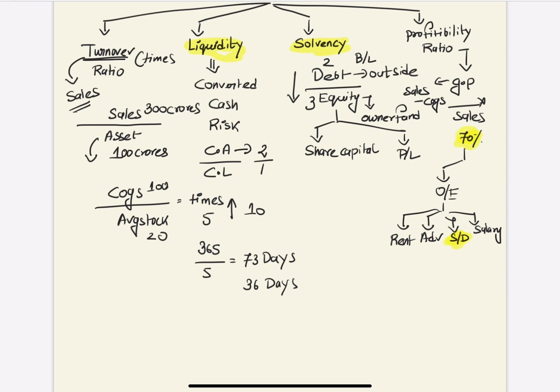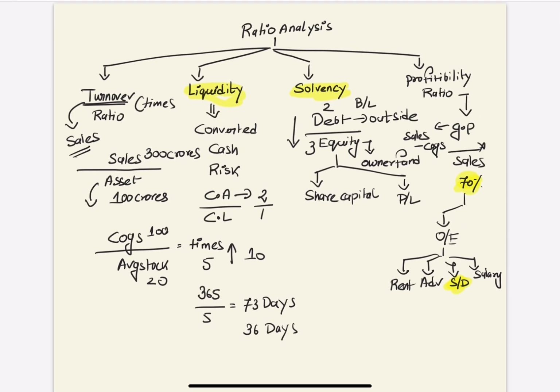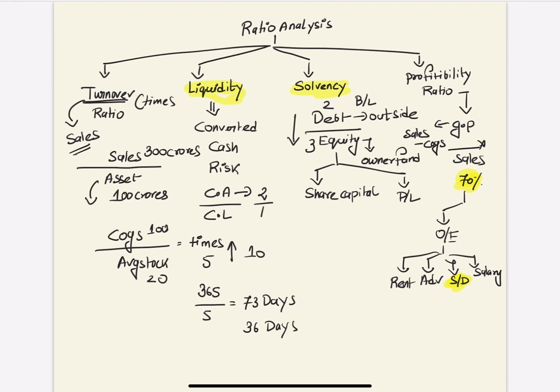There are other ratios also, like net profit ratio. Due to time constraints, I am not discussing them. I am only discussing the gross profit ratio. I hope you get a clear idea, or a little bit of an idea, regarding how ratios work.